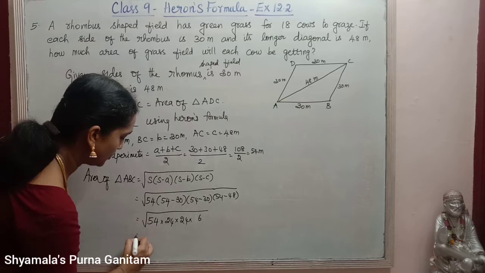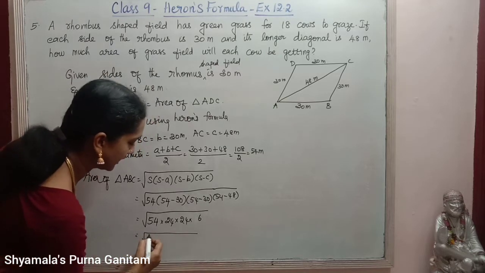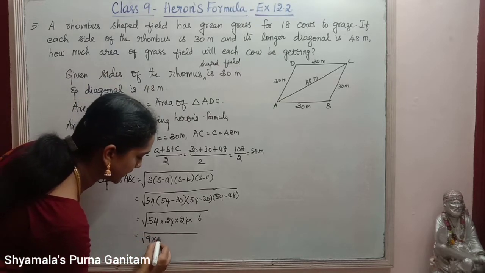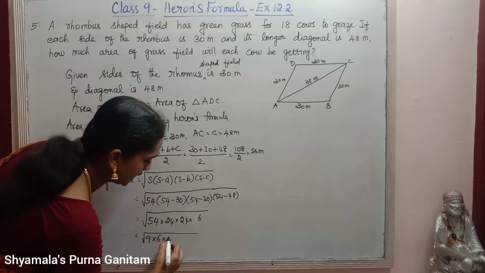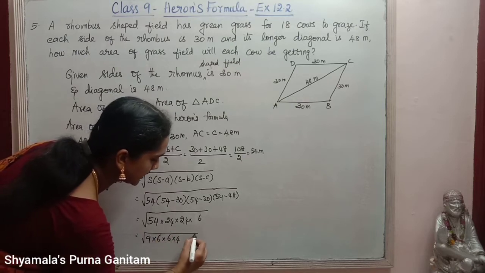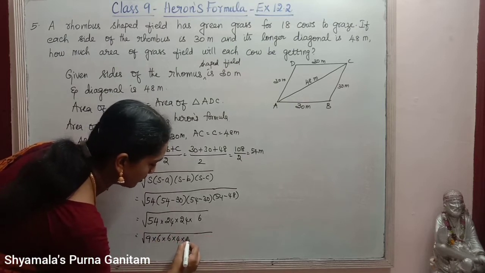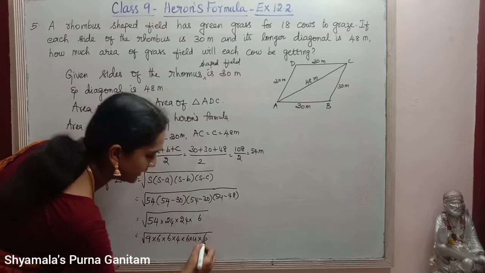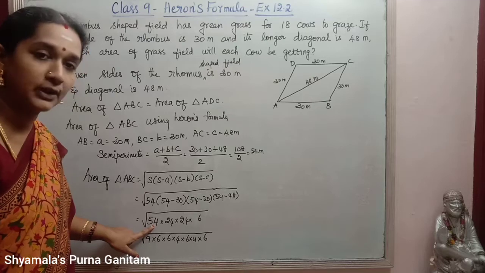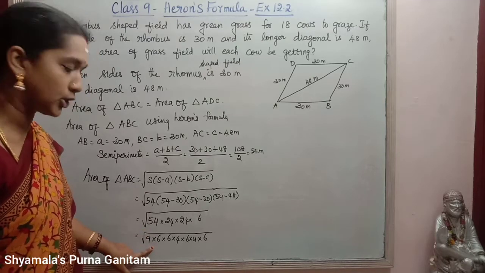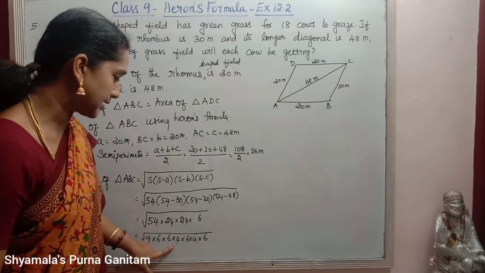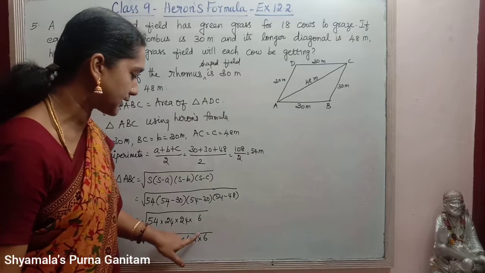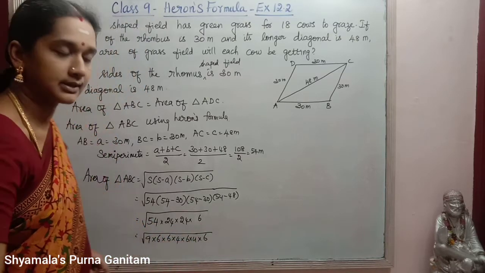Now 54 we can write as 9 into 6. 24 we can write as 6 into 4, and again one more 24 as 6 into 4, and then 6.